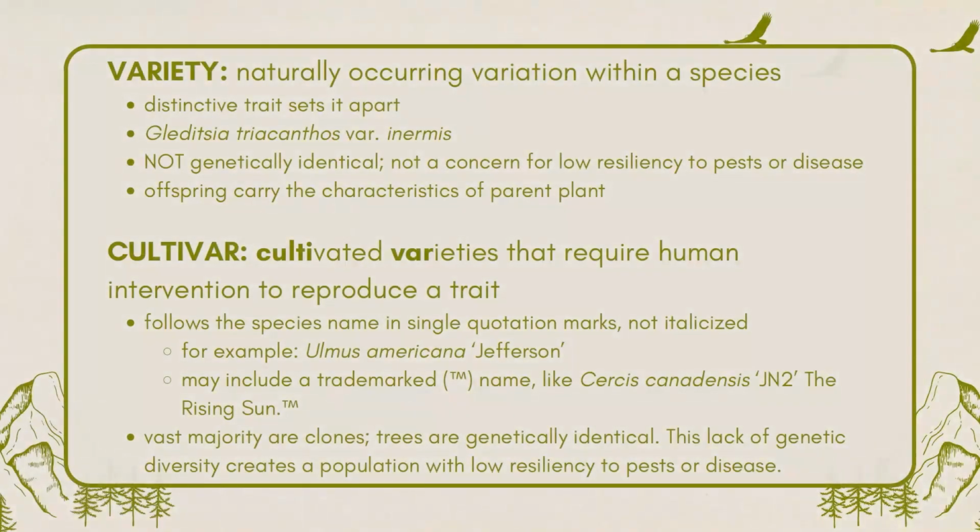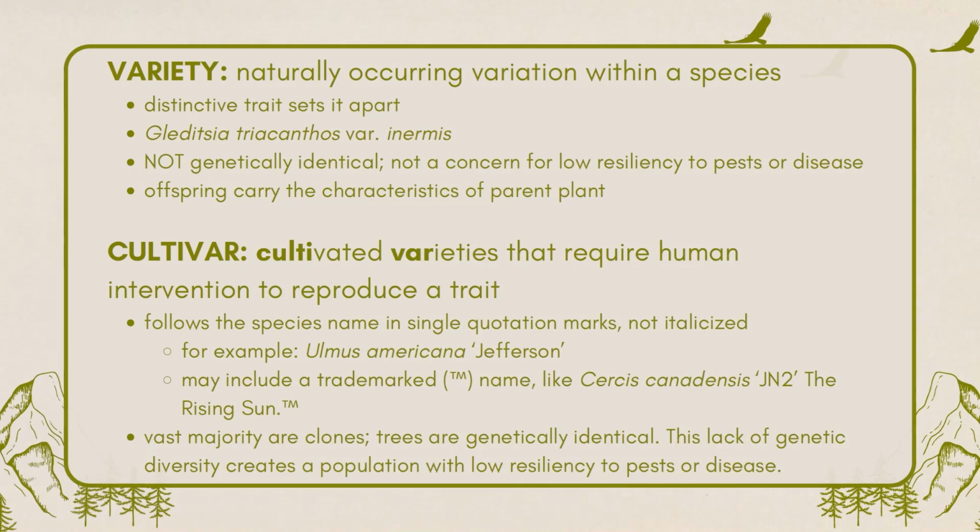Okay, this is a lot of text, but basically a variety is a naturally occurring variation within a species. So it has a distinctive trait that sets it apart. You have honey locust, but also thorny honey locust, and that's like a naturally occurring variety. They're not genetically identical, and the offspring carry the characteristics of the parent plant. And it doesn't require humans to do anything to get that.